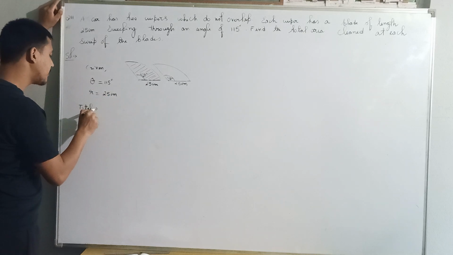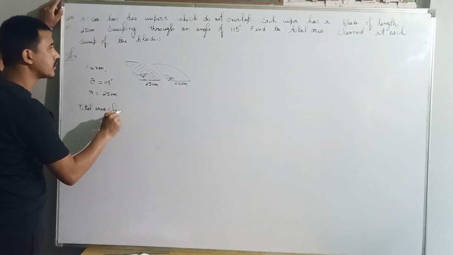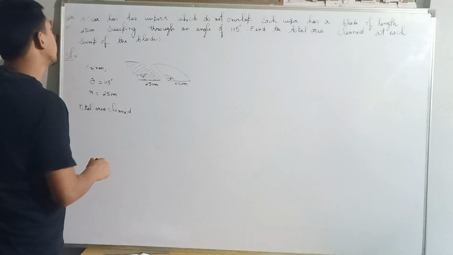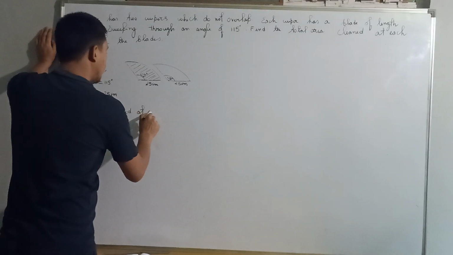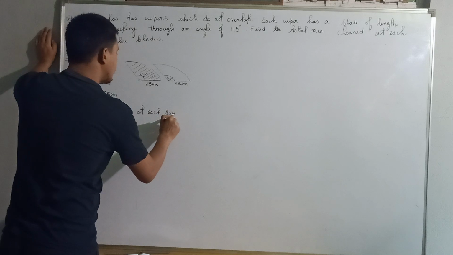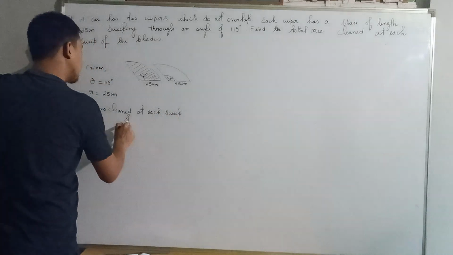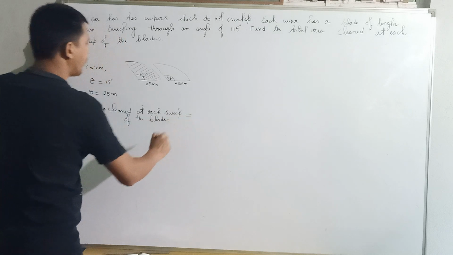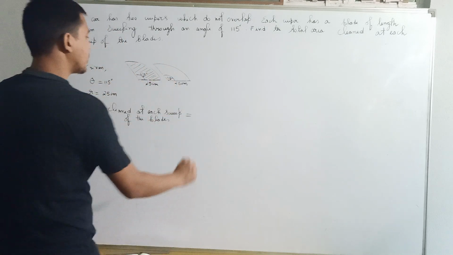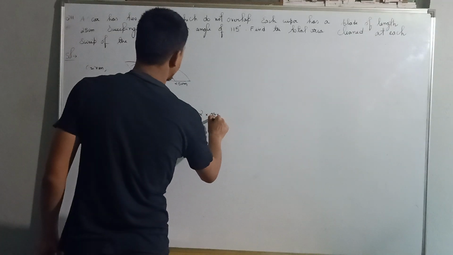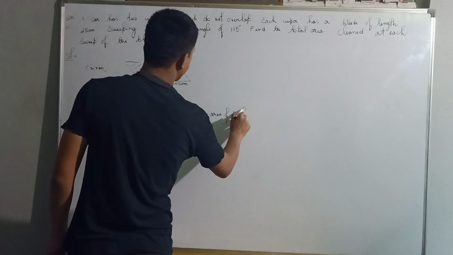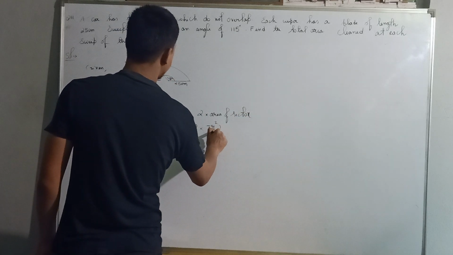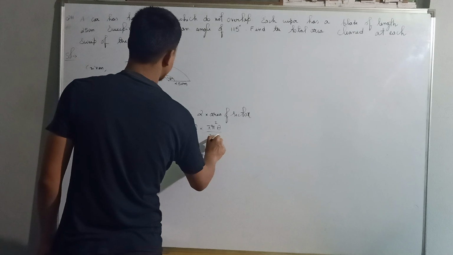So the total area cleaned at each sweep of the blades will be given by two equal sectors. So 2 into area of sector, pi r squared theta upon 360 degree.